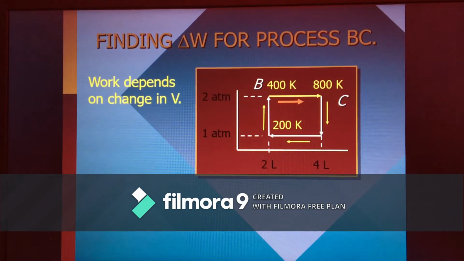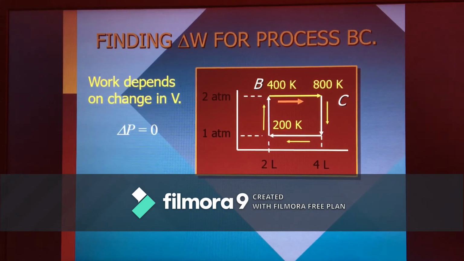From this illustration, from our previous studies in calculus, we can find the work as the area under the curve. In this case, we have a rectangular figure, so the work is simply the area of this rectangle.